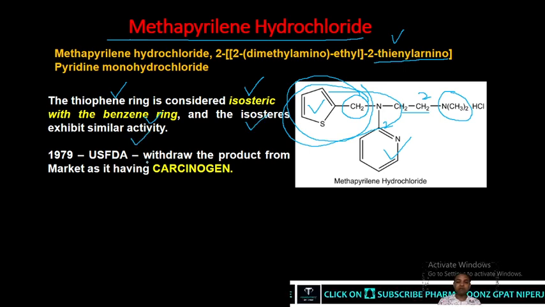If we replace with isosteric molecules, its activity is retained, it is not changed. But unfortunately, in 1979 in the US FDA it was withdrawn due to its carcinogenic potency.